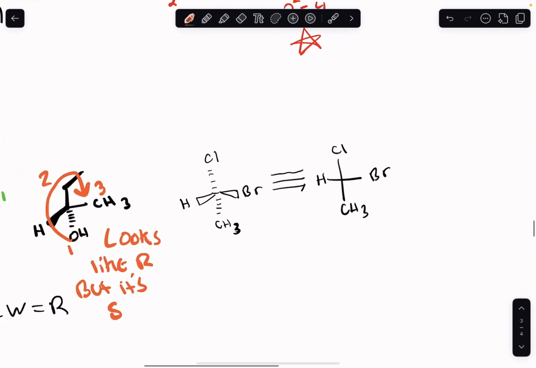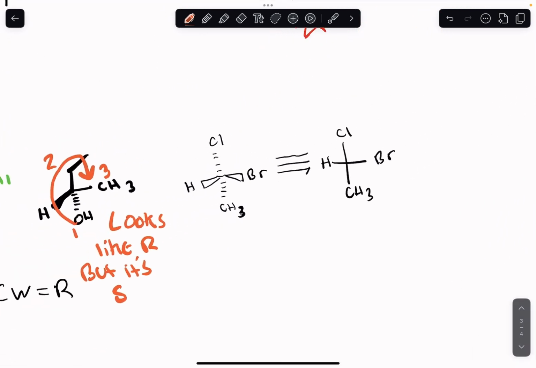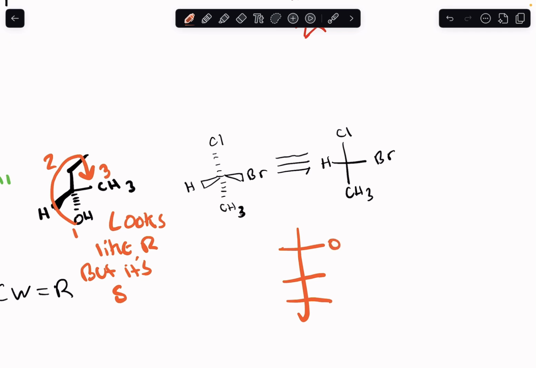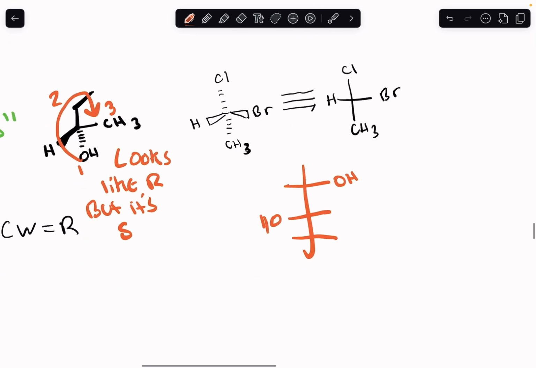Fischer projection, this one will be really quick. You're going to see this a lot with carbohydrates. A lot of times you see it in biochem, like glucose, but I don't care enough to draw it.